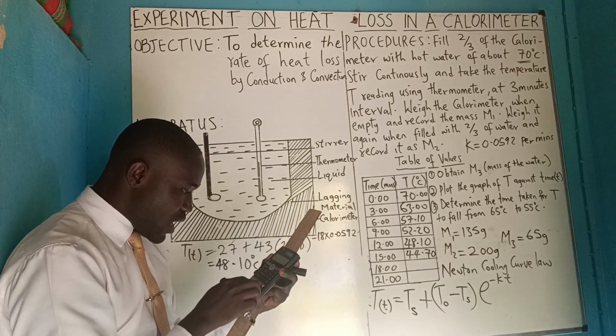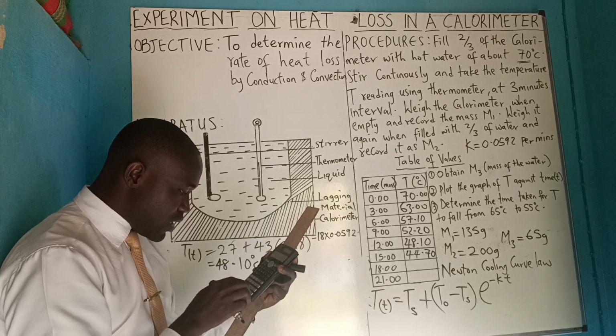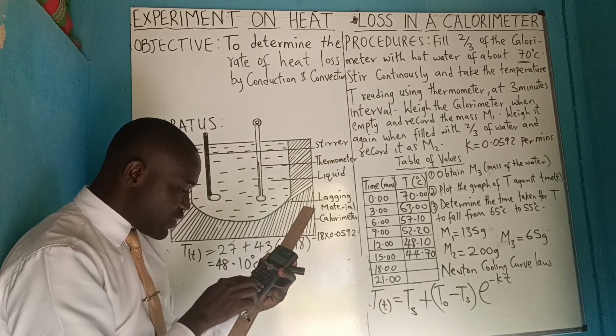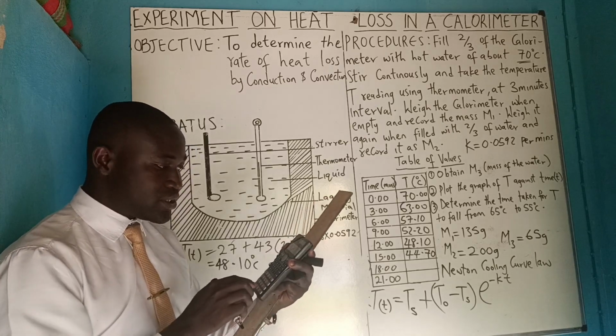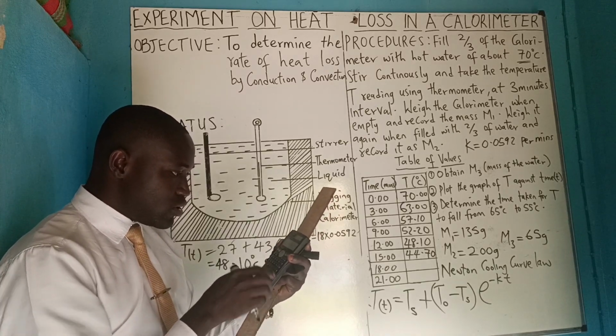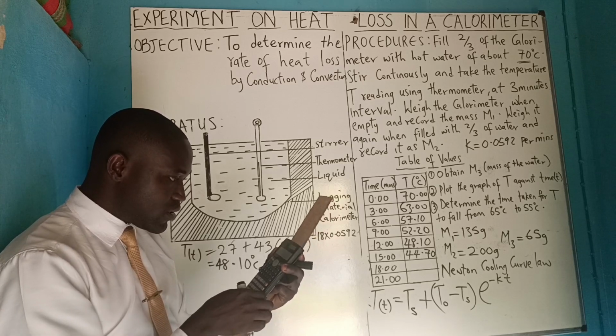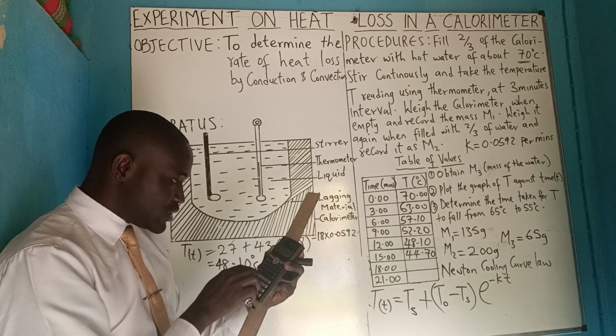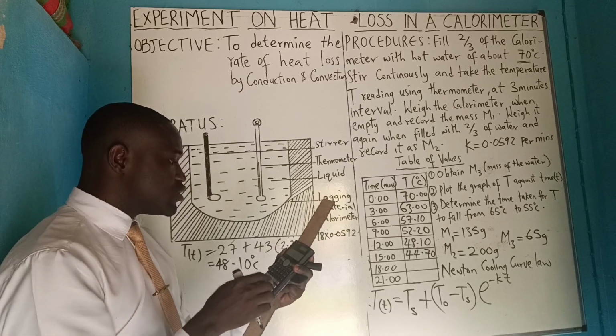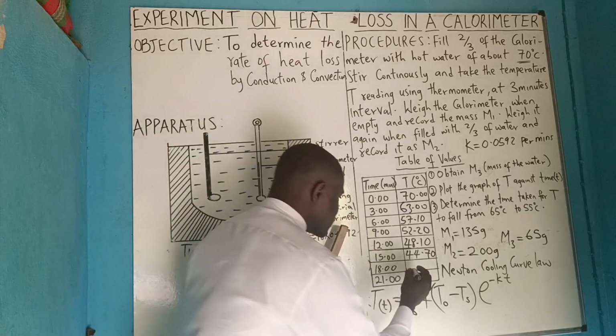2.718 raised to the power of bracket minus 0.0592 times 18. You'll be having this times 43, plus 27. You'll be having it to be 41.8.